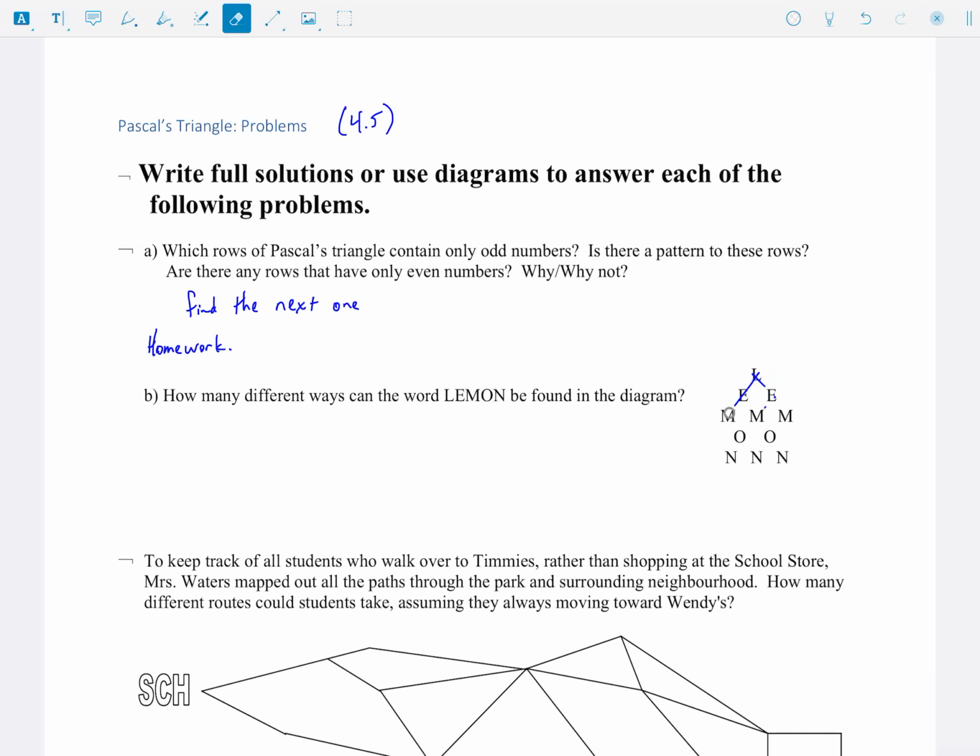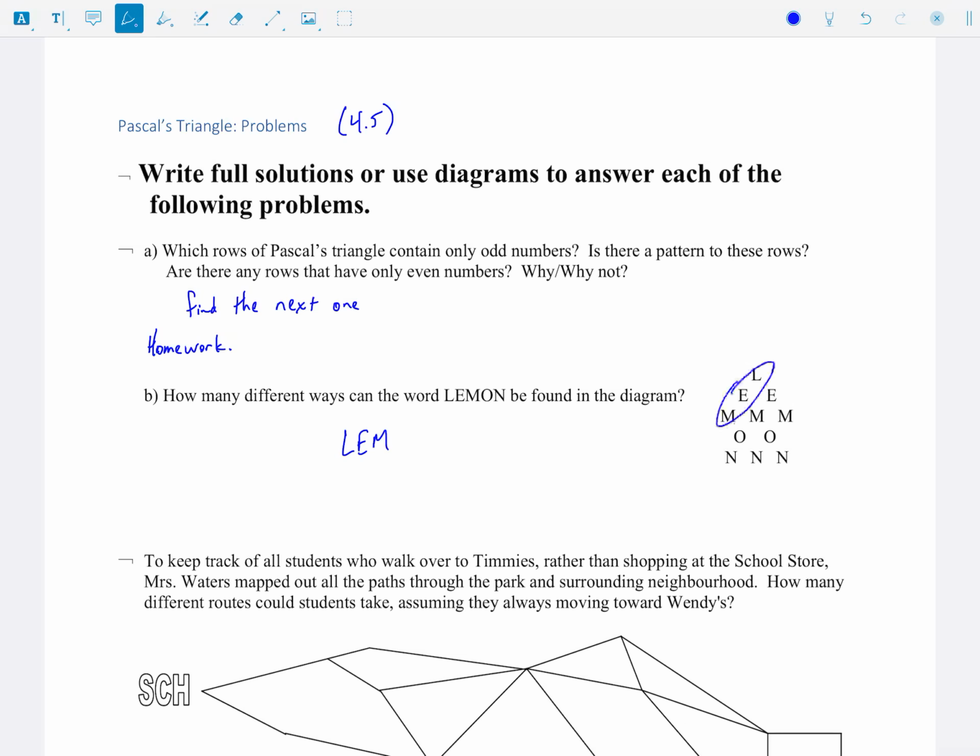So how many ways are there to spell it? Well, let's picture it this way. What if I only had this right here, and I was just trying to spell the word Lee? You can see that you'd have Lee spelt this way or Lee spelt that way. So to spell Lee, there would be 2 ways, right? Okay. What about how to spell lem? Because that's a pretty cool word.